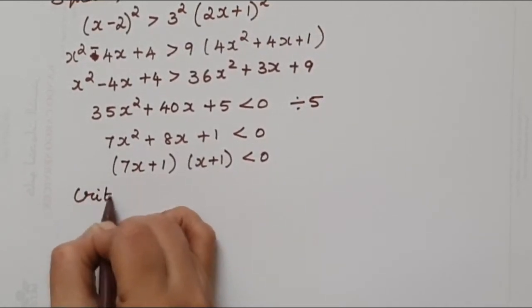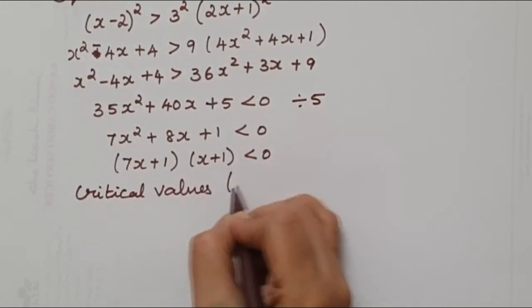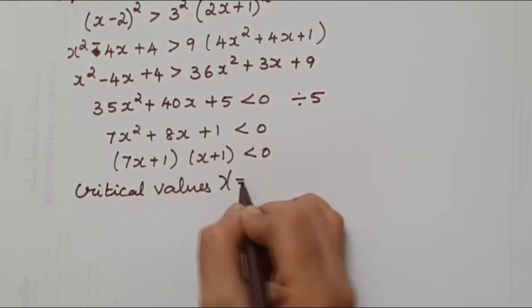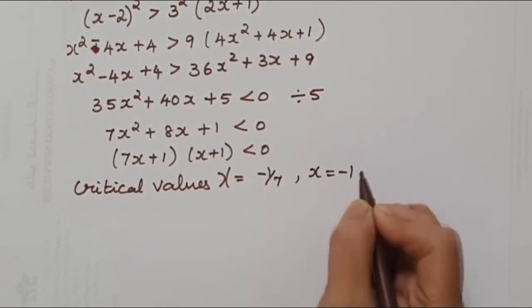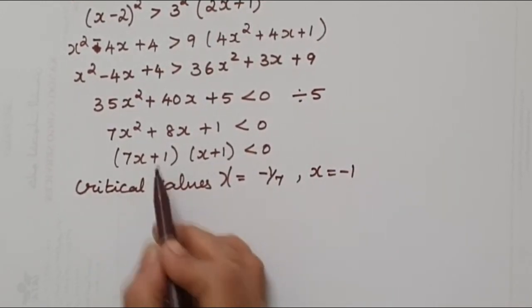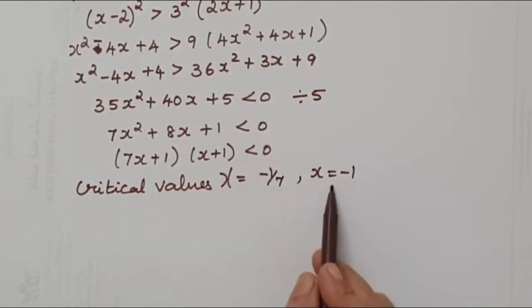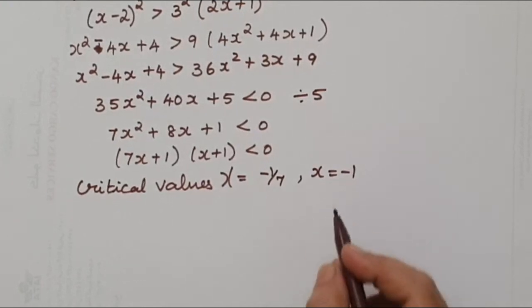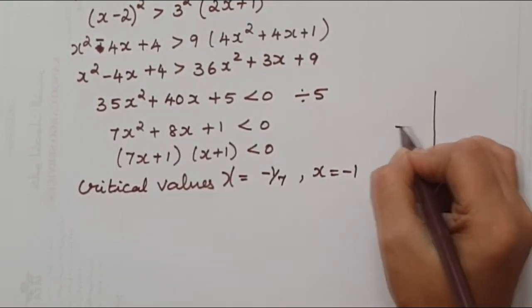So the critical values are x equal to minus 1 over 7 and x equal to negative 1. When we equate this to 0, we get minus 1 over 7. When we equate this to 0, we get negative 1. Now, since it is a quadratic, we just draw a quadratic graph.